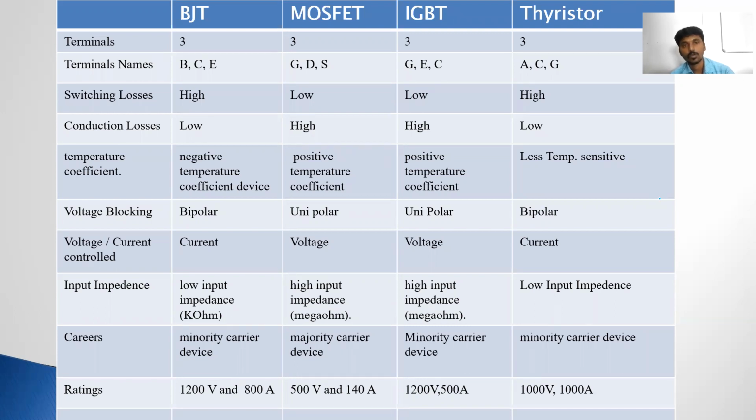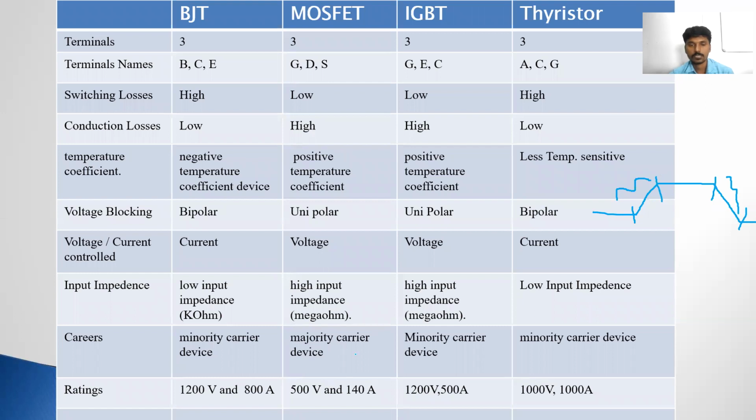For example, this is the switch and this is the graph. From this point to this point is the turn on condition, and this point to this point is the turn off time. Whatever losses are present during this period, transient operation बोलते हैं इसको, बोलते हैं switching losses.